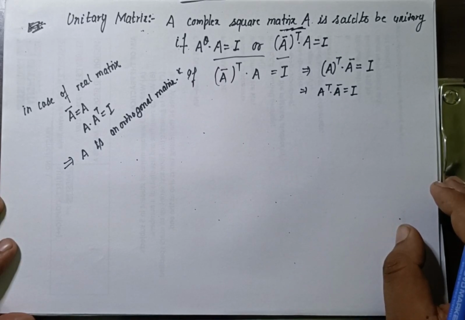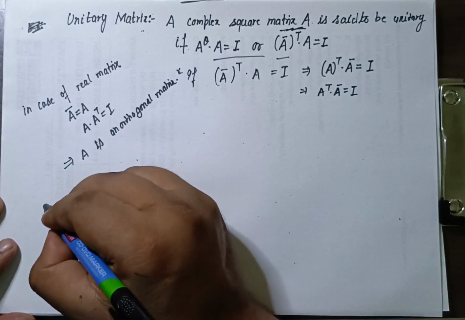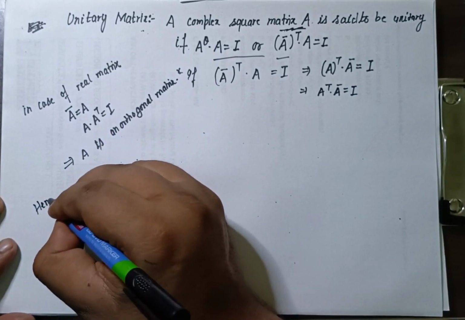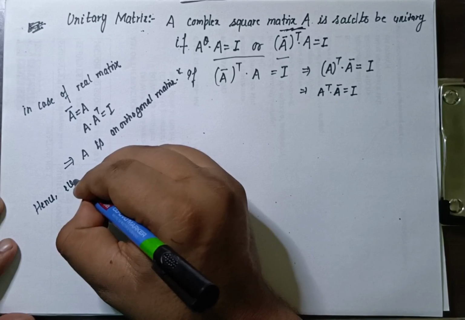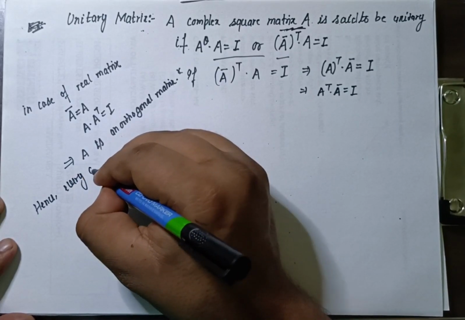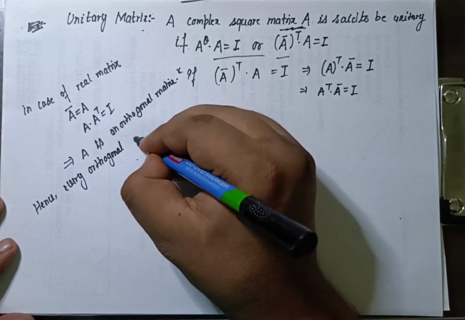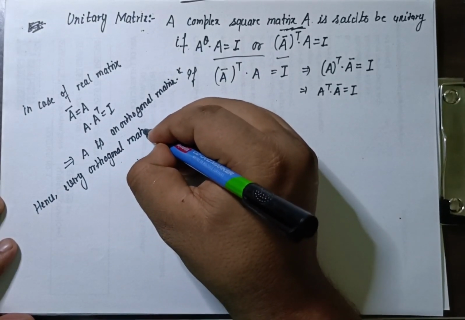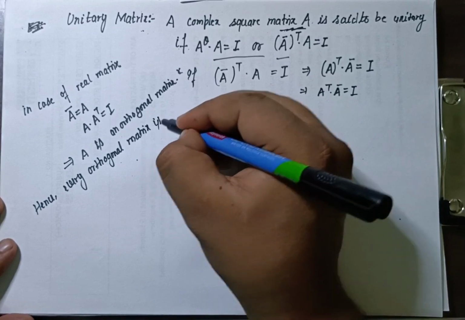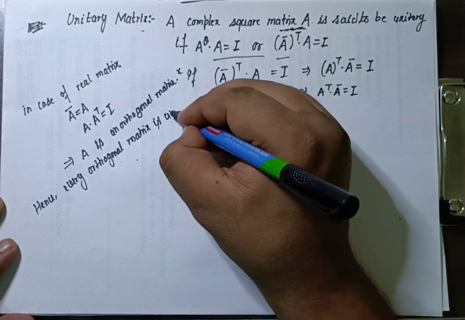Hence every orthogonal matrix is unitary. We have discussed orthogonal matrices in the previous lecture.